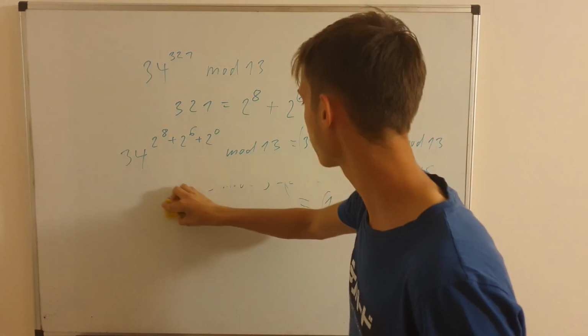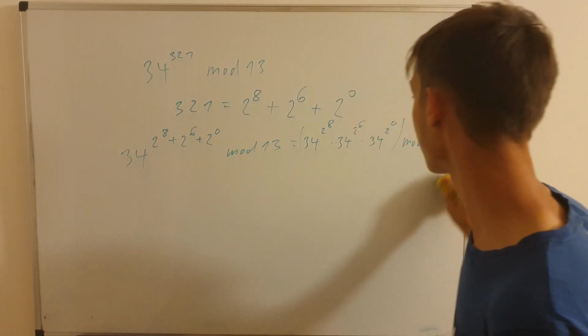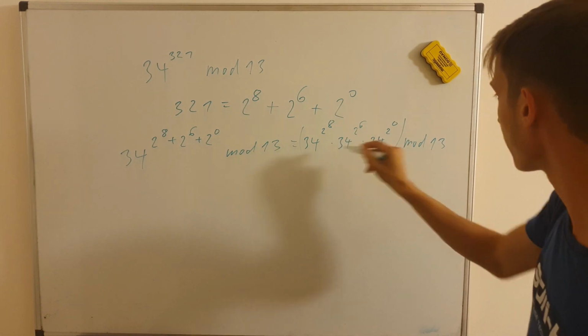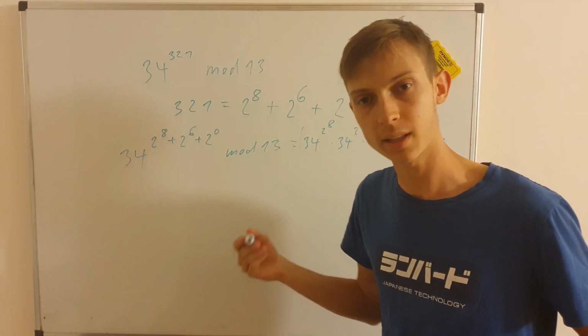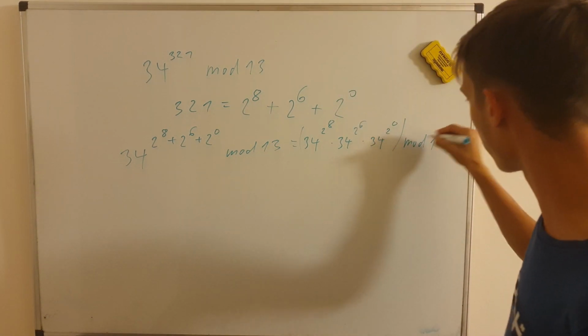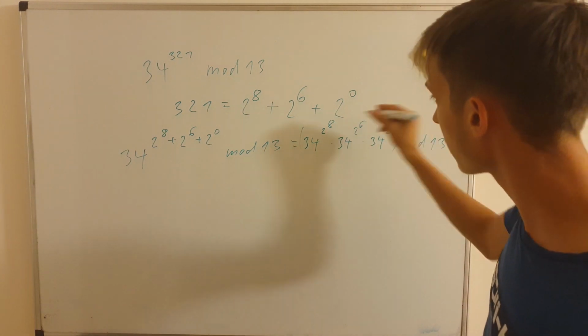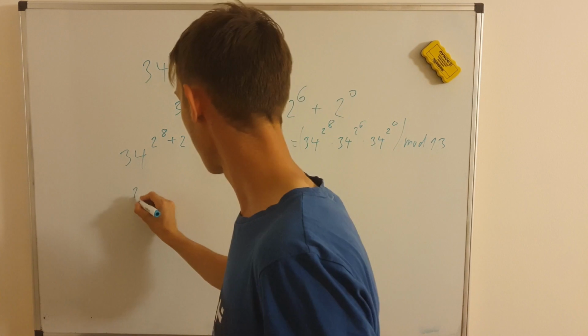Now, there are proofs we can do for this in general, but I'm just saying that this property applies, and it applies here as well. So, when I have this written, how I can also rewrite it, and that's the main property of modular arithmetic that we're using here, is that I can also apply it inside out. So of course, modulo 13 is on the outside, but I can also apply it individually to each of these components of this product.